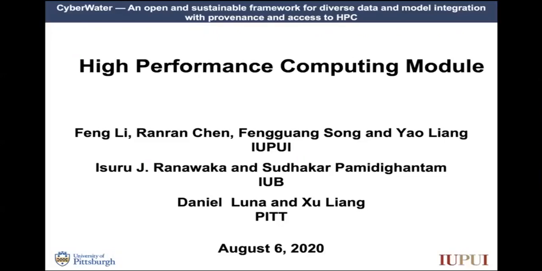At that point, you probably need some high performance computing facilities to help you. But if your study area is small, you probably don't need high performance computing. You just use your desktop. That will be very convenient, and you don't need to pay for high performance computing.